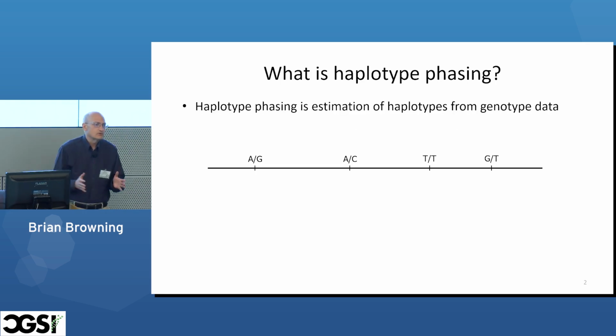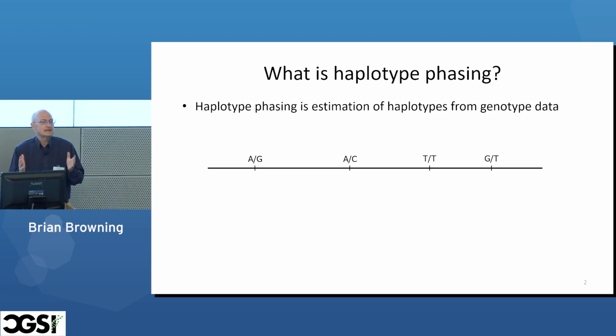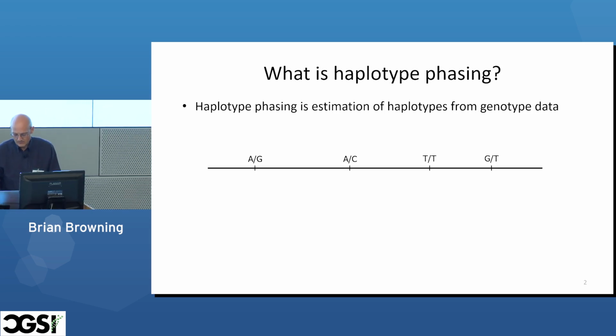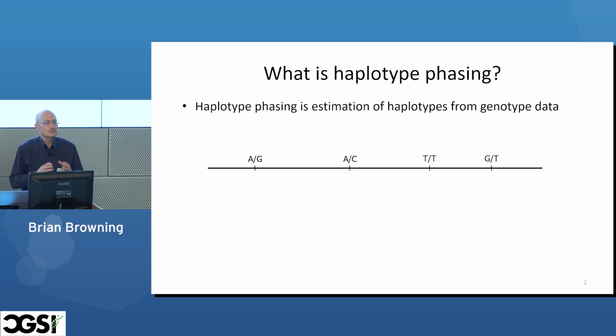So, a quick review of haplotype inference, or haplotypes, what they are. Usually the data we get is genotypes, so the line represents a chromosome. We have 4 sites here. We have a genotype at each site consisting of 2 alleles that are the alleles inherited from each of your parents. Haplotype inference tries to infer the sequence of alleles that are inherited from each parent.